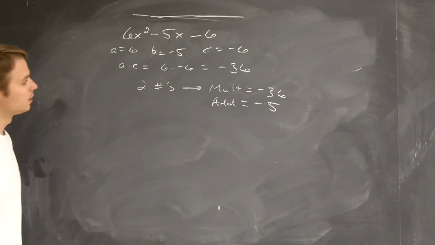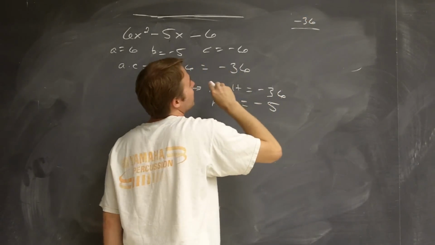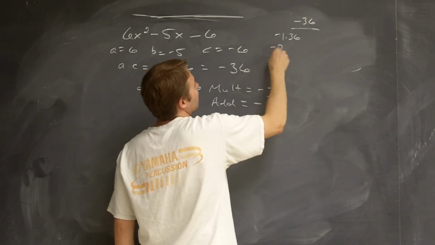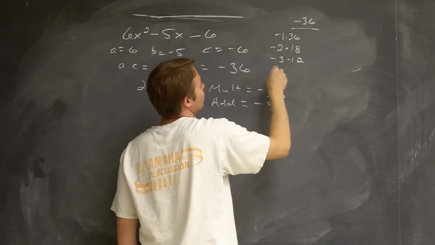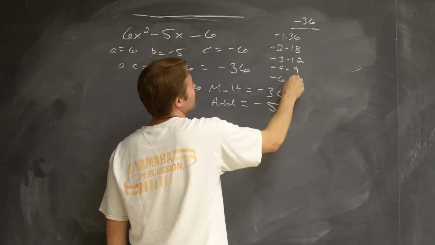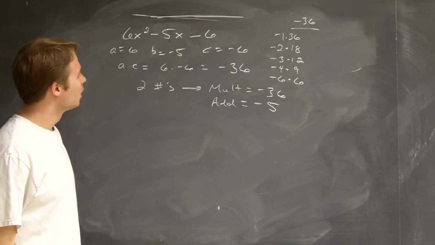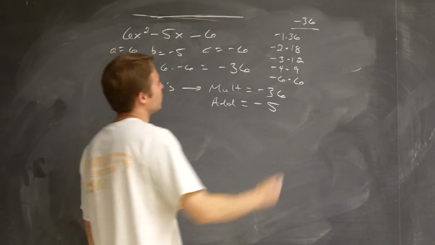In this case, the two numbers, well, again, if we're having trouble, go over here. Okay, to get negative 36, I can do negative 1 times 36, negative 2 times 18, negative 3 times 12, negative 4 times 9, or negative 6 times 6. And that's all, right? And then I can go over here and do the opposite of that.